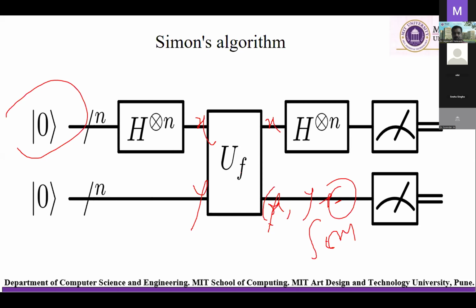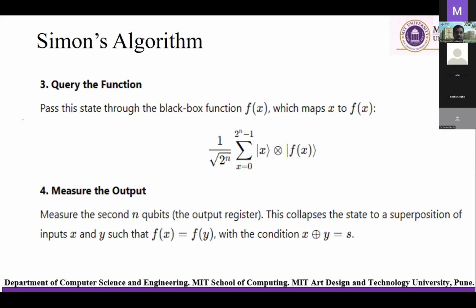So this type of output you will get from this black box UF function. Query the function, pass this particular state through the black box function f of x, which maps x to f of x. So this particular function we can use here.